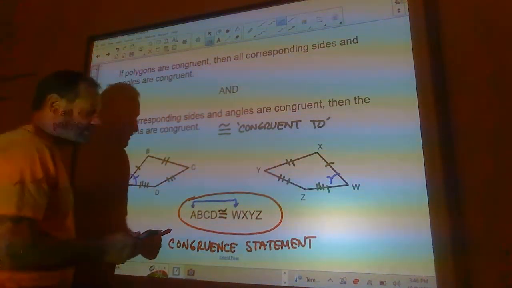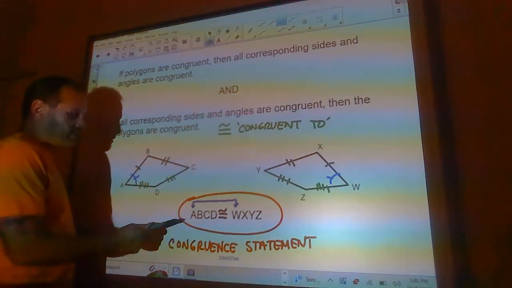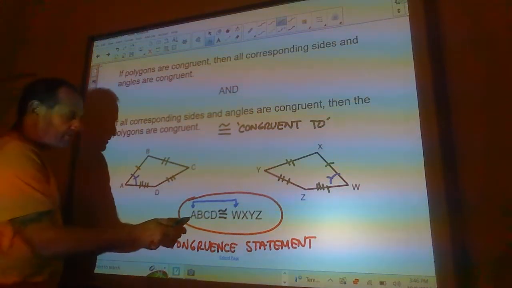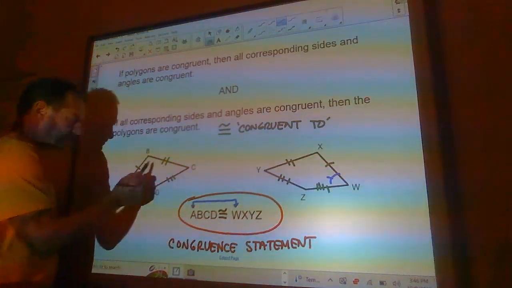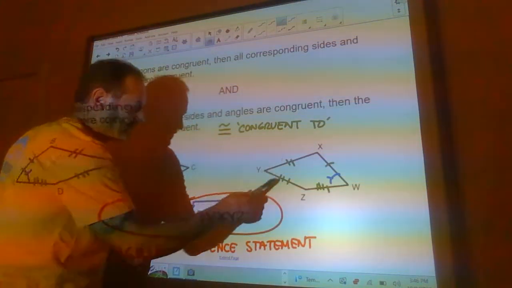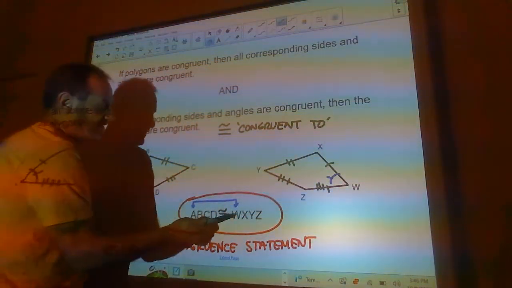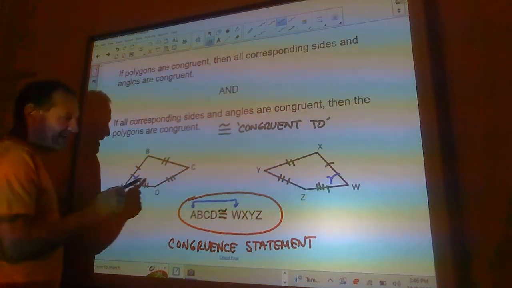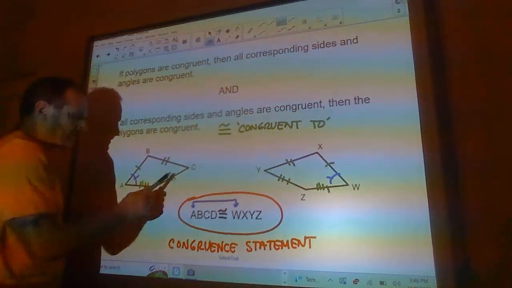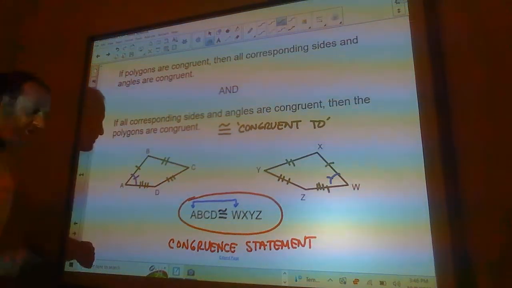Now, when you write a congruent statement, it is important that you put things in the right order. Everything has to correspond. So if I write A, B, C, D first for this one, then I have to write W, X, Y, Z for this one. Not because it's necessarily alphabetical order, but A and W go together. B and X go together. C and Y go together. D and Z go together.